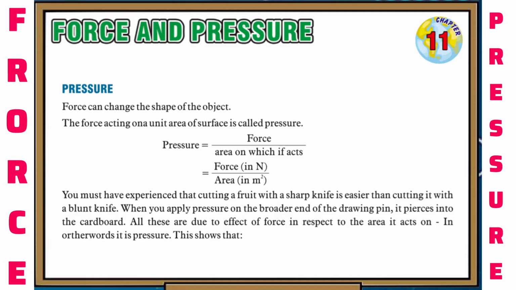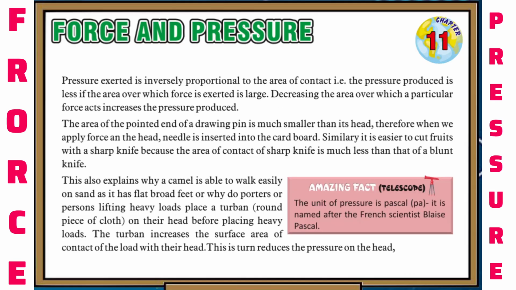In other words, it is pressure. This shows that pressure exerted is inversely proportional to the area of contact. That is, the pressure produced is less if the area over which force is exerted is large. Decreasing the area over which a particular force acts increases the pressure produced.